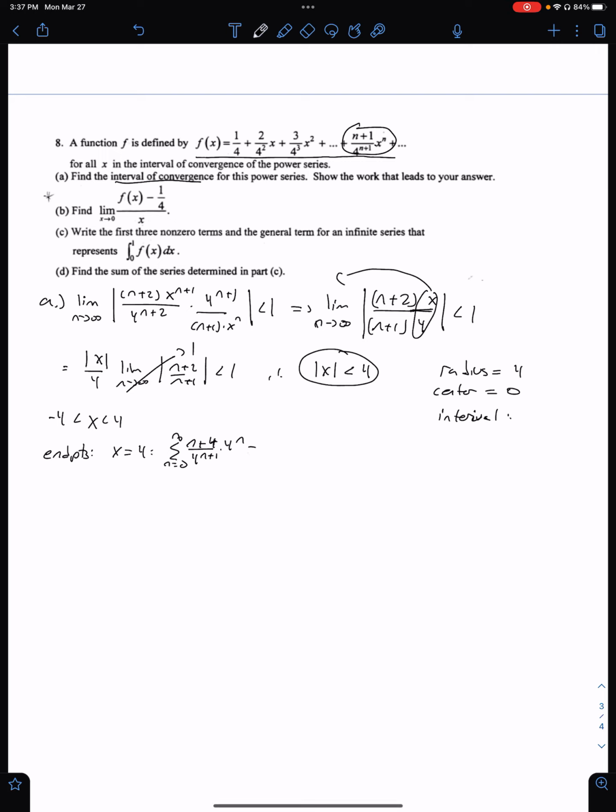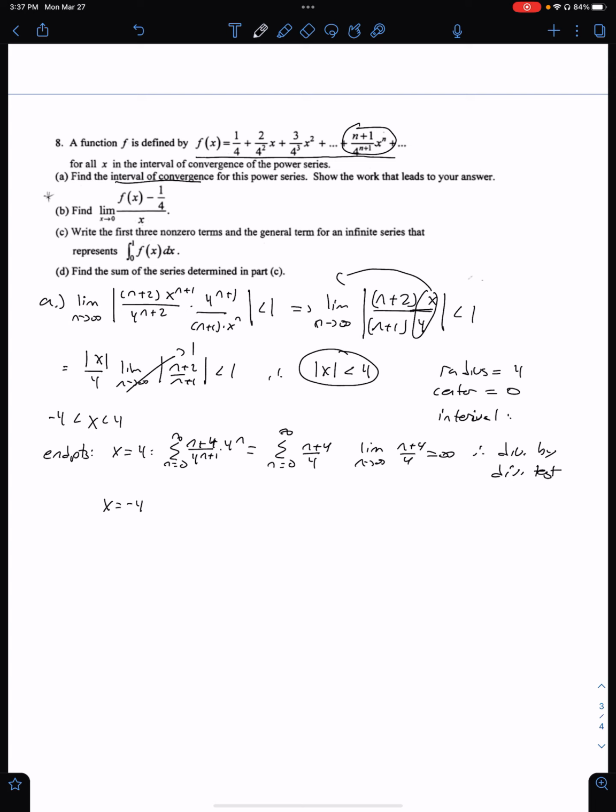Now, it seems kind of weird, but we can simplify this a little bit. If I were to simplify the 4s, I would just get n plus 4 over 4. And if we take the limit as n goes to infinity of this, that becomes infinity. Therefore, this diverges by our divergence test. So that's not going to work.